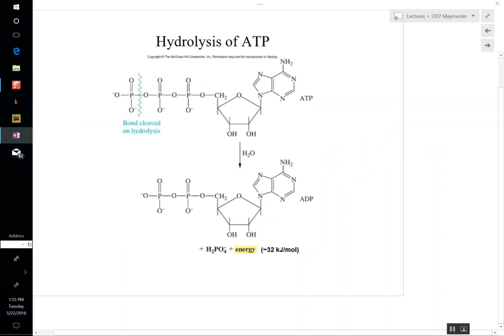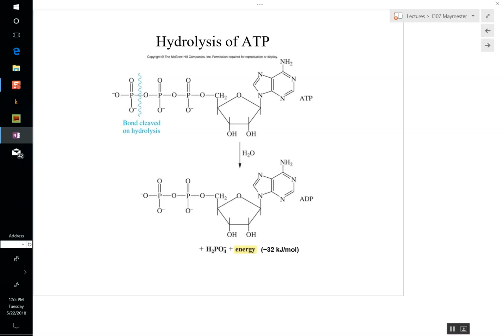And ATP will get converted to ADP, adenosine diphosphate. So the triphosphate is getting converted to the diphosphate, losing a phosphate, phosphoric acid, and releasing a lot of energy.